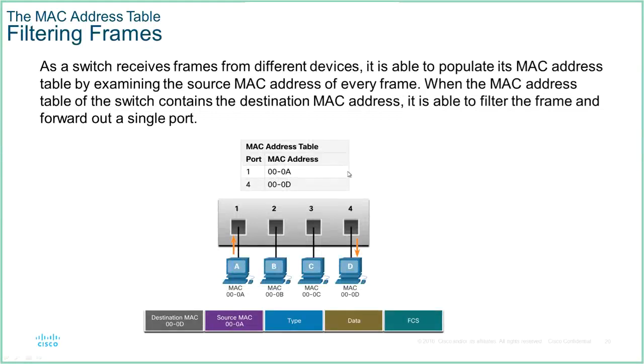So what's 5 minutes? 300 seconds? Sound about right? So timer reset. It'll then look at the destination MAC address and look down the table and see if it has a match. If it has a match, it looks at the port number, so it will come in port 1 and go out port 4.